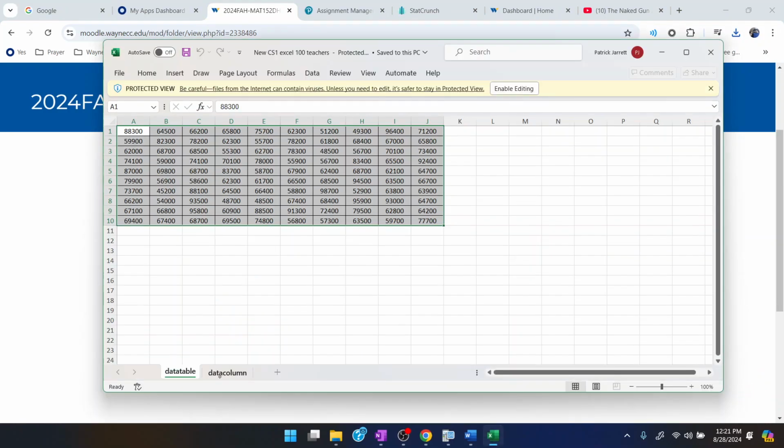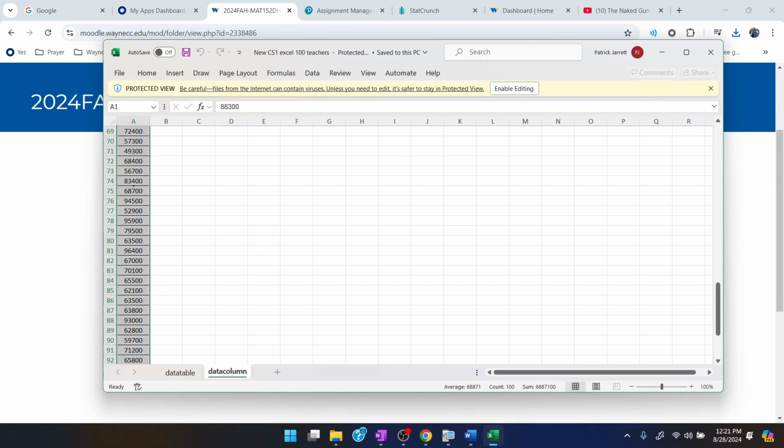You can have it as a data table or one single column. So in other words, you do not have to type in all 100 pieces of data. Just copy and paste. Make sure it's all 100. Don't forget any of them. That's a very common mistake though, so don't freak out.